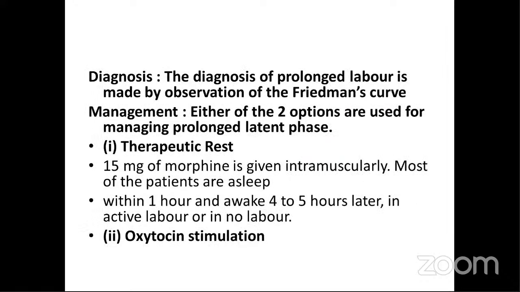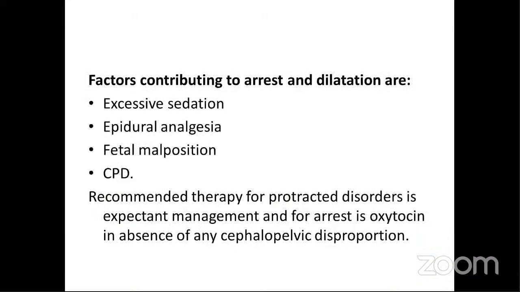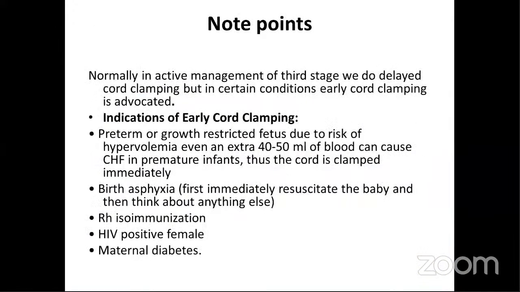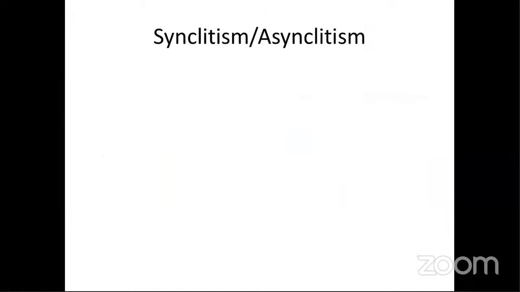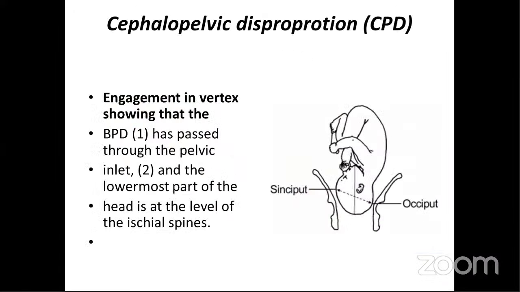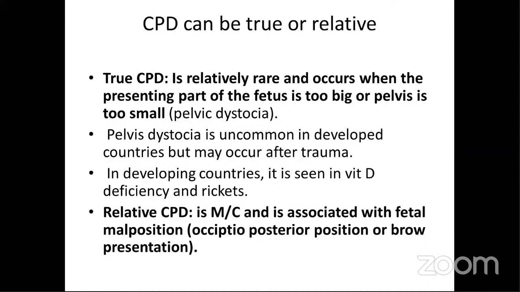Then the different phases of labor, that is first phase, second phase, third phase. What are the abnormalities of each phase? And how do you manage is what is important to understand. And of course, the mechanism of labor, normal labor, and what do you mean by asynclitism, and engagement we have understood, and CPD. Okay, so is it all clear to all of you until these points?